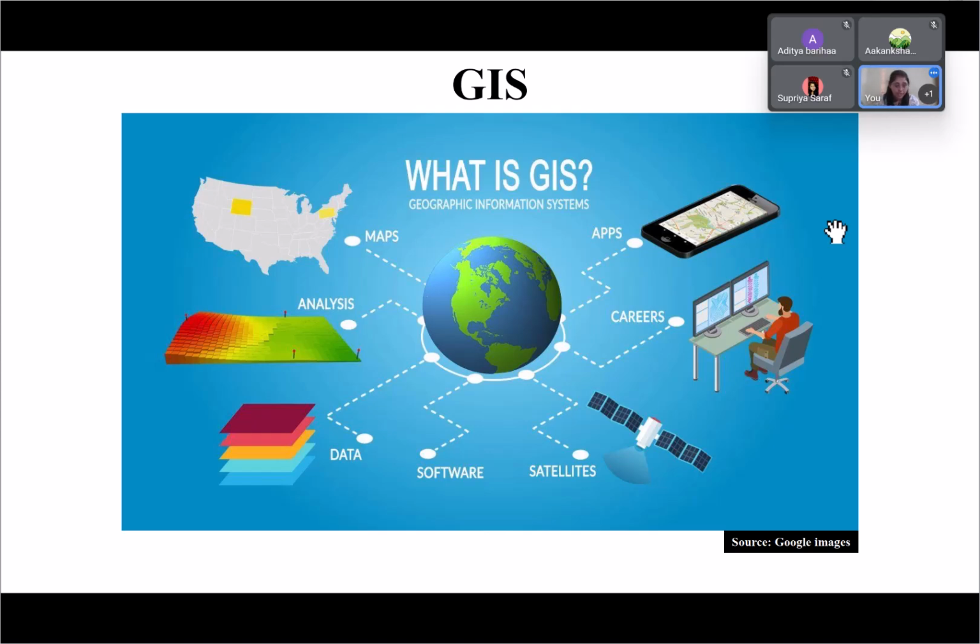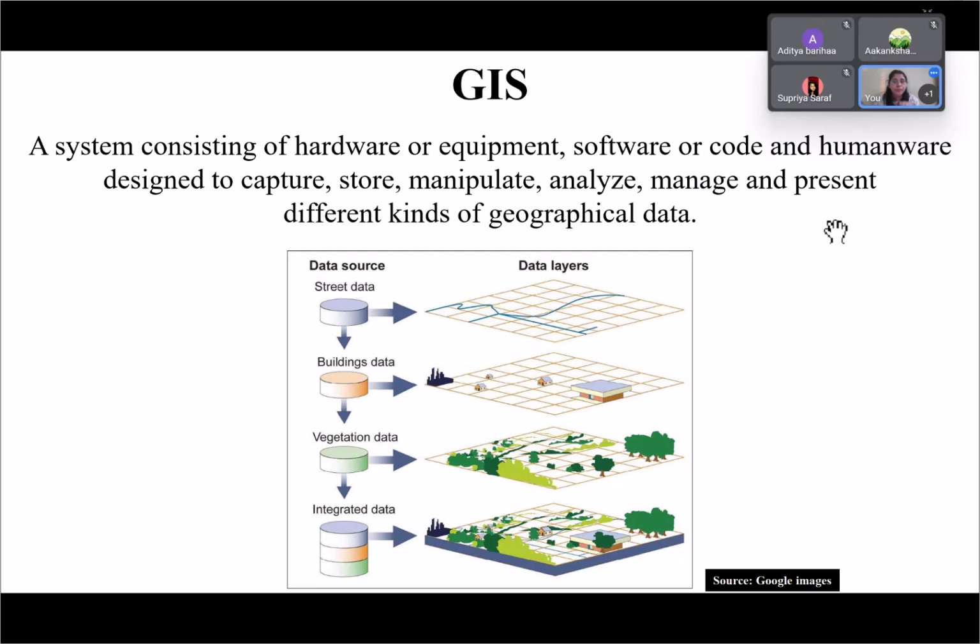We have already discussed this. If you want to define GIS, it's basically a system which consists of hardware, equipment which is sensing the whole thing, software which is decoding the light, and then a human person who is sitting in front of the screen and interpreting the entire thing.